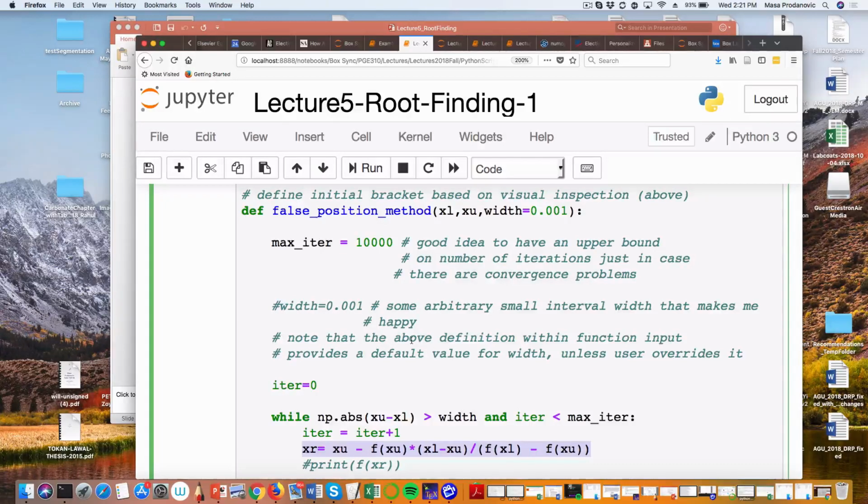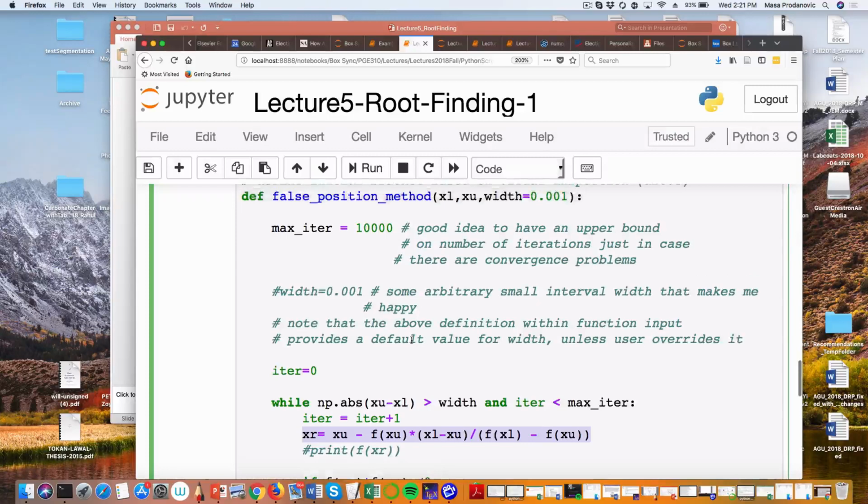Right now this is essentially an absolute error. So instead of absolute error, I could divide by either value of xr or xu or xl, whichever one you pick in this particular case, making sure that none of those values is 0. Okay? And then I would just make sure that my relative error is less than some number. So this width is something that you can change.